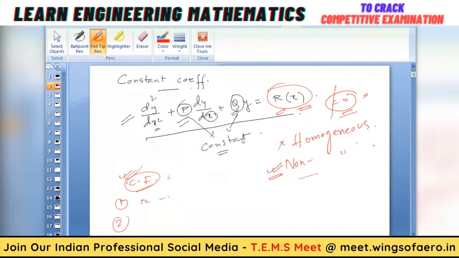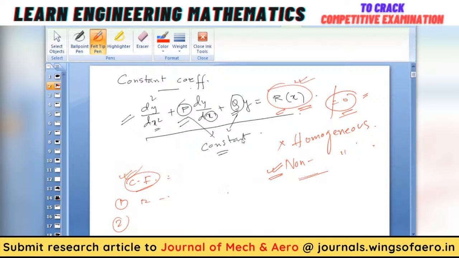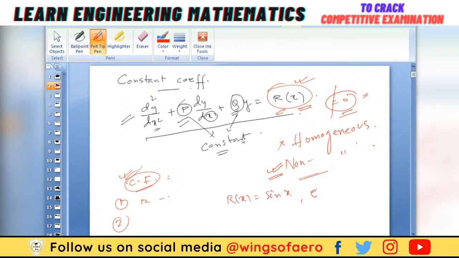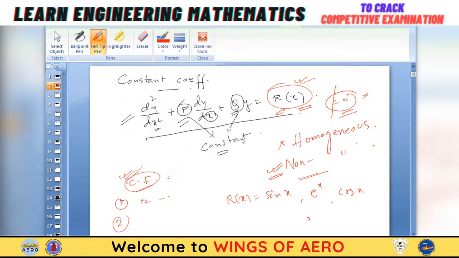But if the equation is non-homogeneous, that is, instead of 0 there is any function of x, it may be R(x) equal to sin x, maybe e to the power x, maybe cos x, or some algebraic function like x squared plus x.